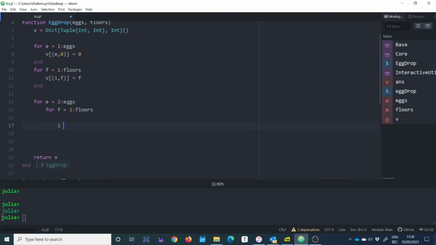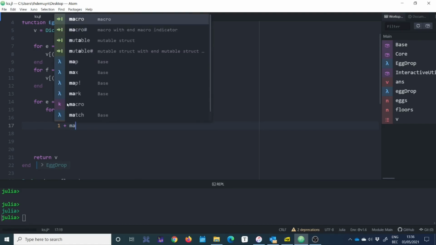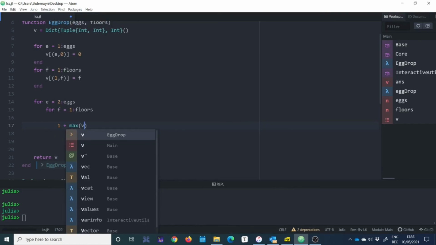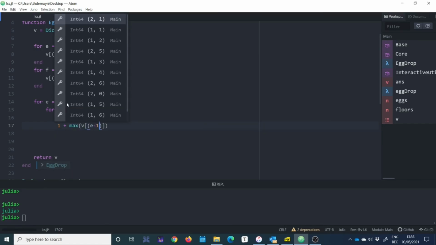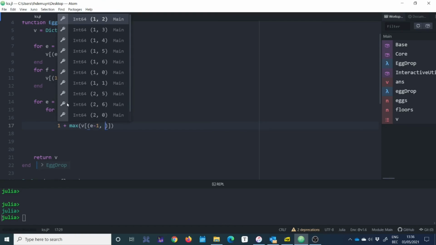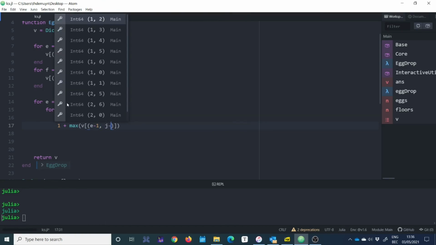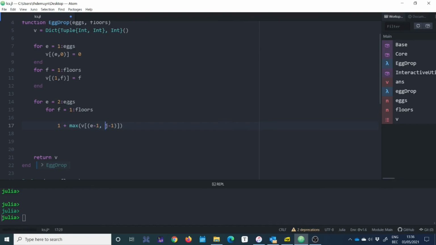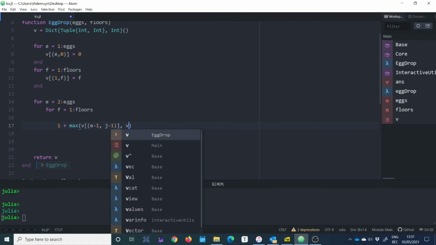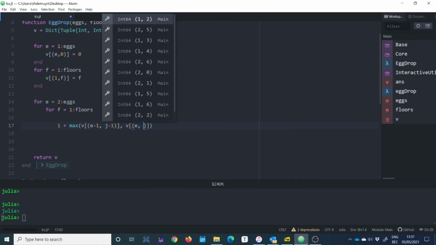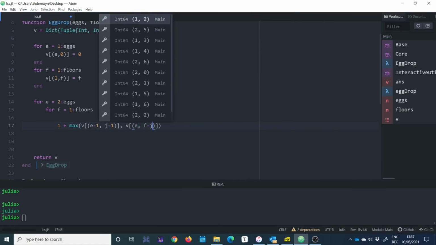Well, then I have 1 trial plus the maximum of 2 things. Remember, v e minus 1. If my egg breaks, I have e minus 1 eggs left and a building with j minus 1 floors. If my egg doesn't break, I have e eggs left and f minus j floors.